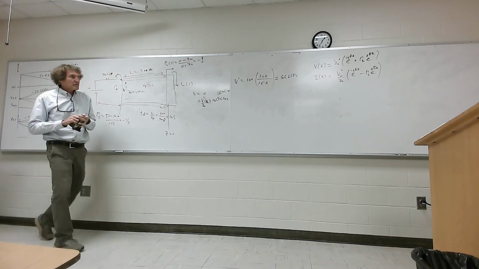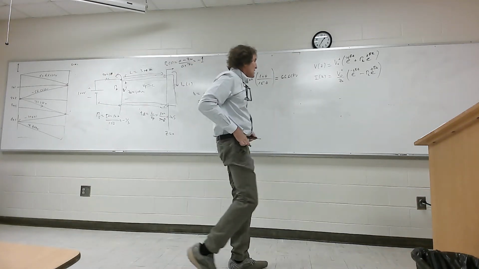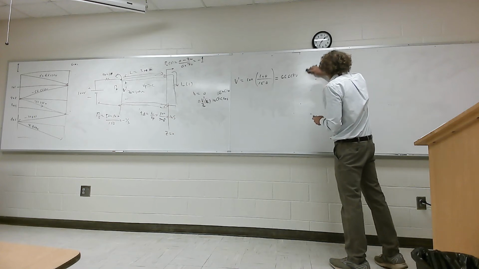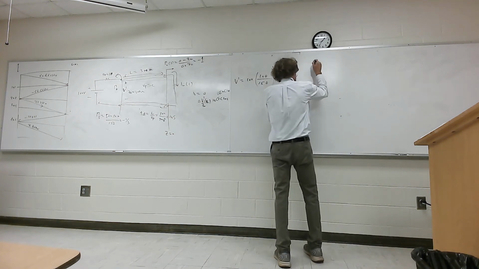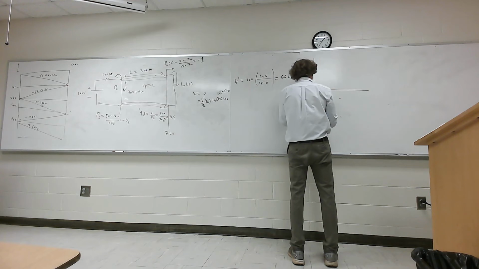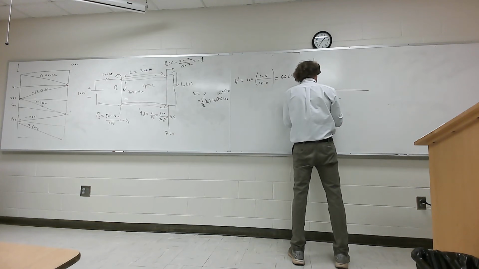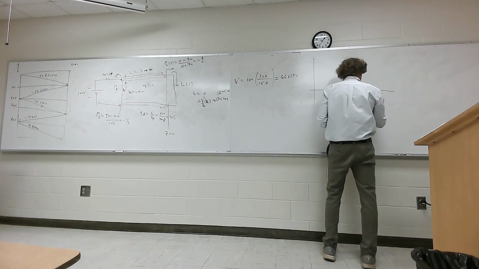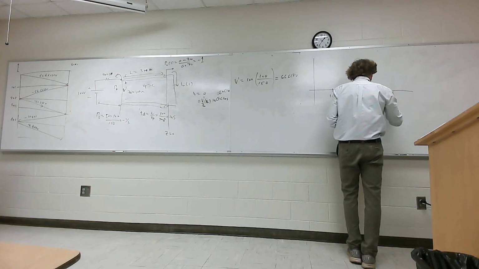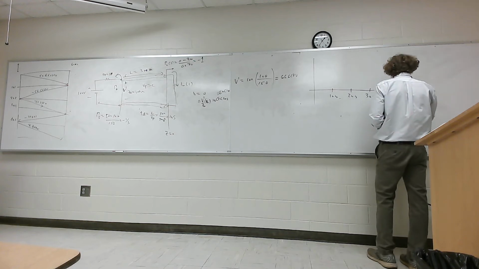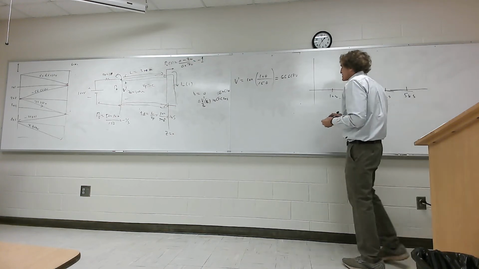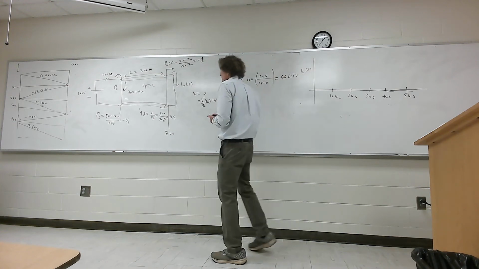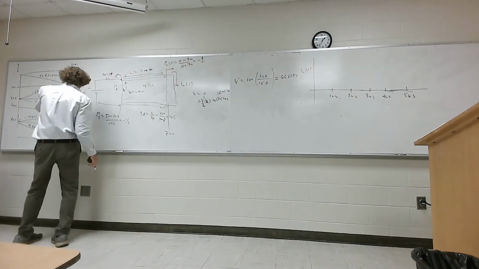I want to show you the current waveform, how we get it. I'll do it here. We're just going to sketch it. Versus time, this is 1 microsecond, 2 microseconds, 3 microseconds, 4 microseconds, 5 microseconds, and so forth. If this is the current at the load, it's 0 until 1 microsecond goes by.